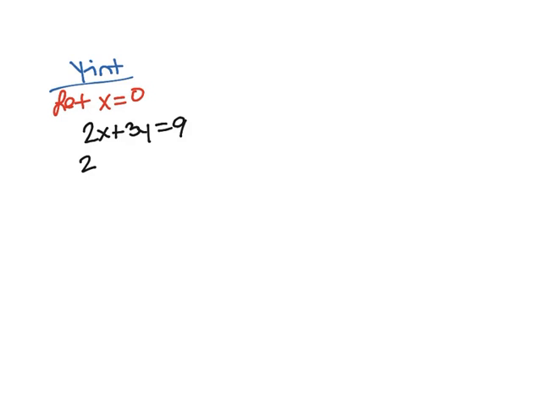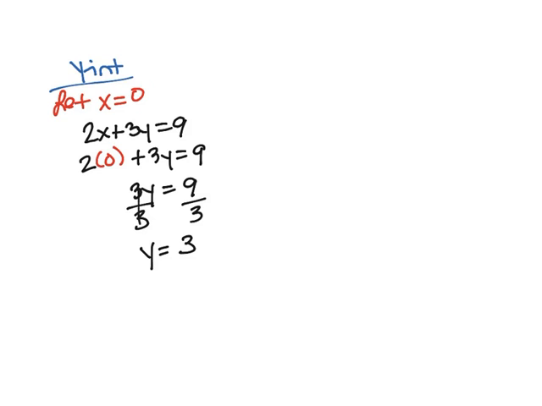So we would have 2 times that 0 plus 3y equals 9. So you got 3y equals 9, and when you divide by 3, y is 3. So there you see your y-intercept is at 3. So you would write as an ordered pair as 0, 3.